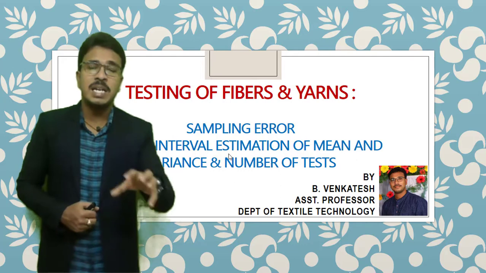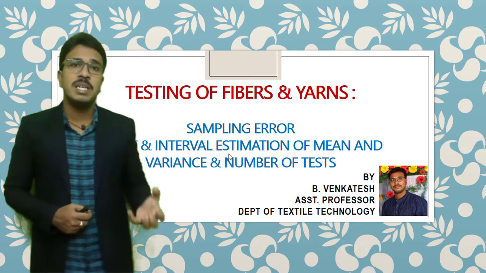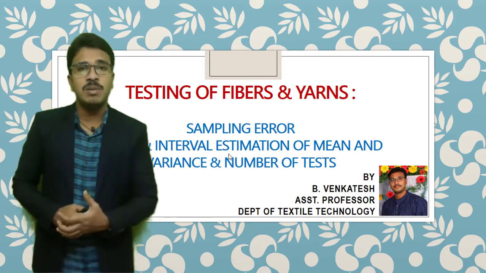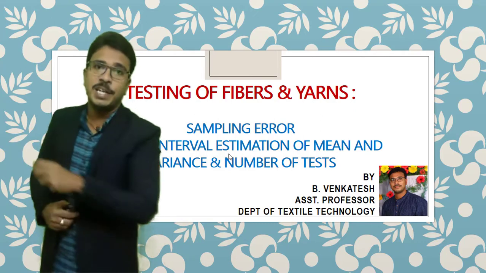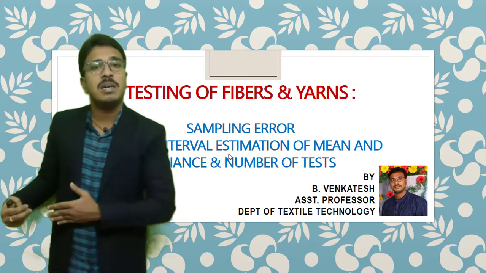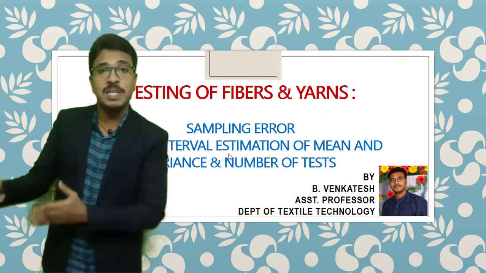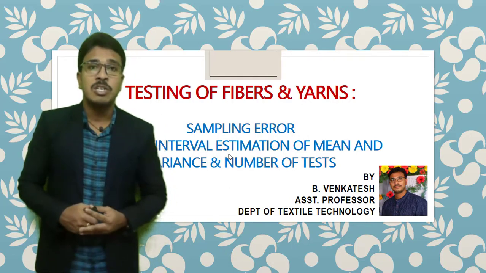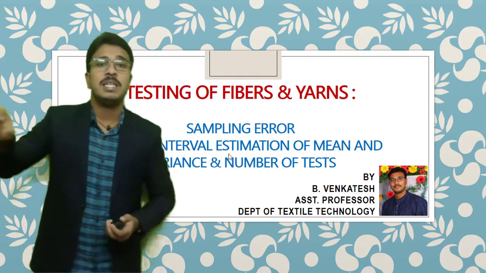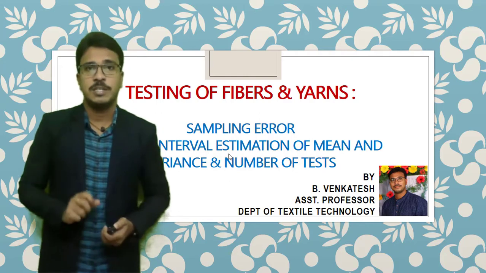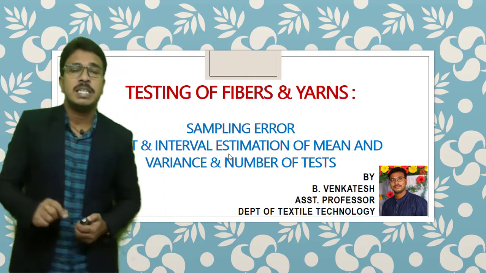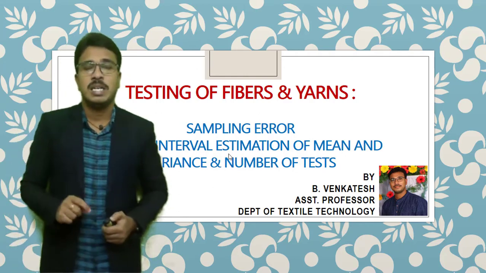Based on those criteria, we saw a formula and found out how many samples we need to pick and test so that the expected conditions are reached. This is about the determination of sample size for testing.